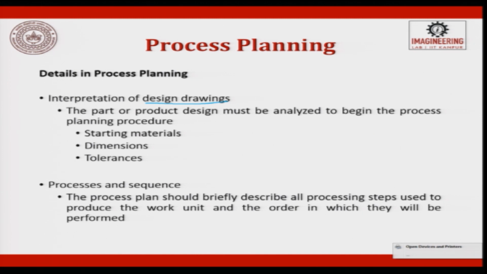So, for that output you have to prepare a blank. The blank is the input raw material given for the operation. So, you have to plan for the blank, but what is given is the final part dimensions. So, you have to plan the blank accordingly, and when you plan for the blank, you also have to understand the process by which the blank is made, and how it is going to distribute the strength all along the part.